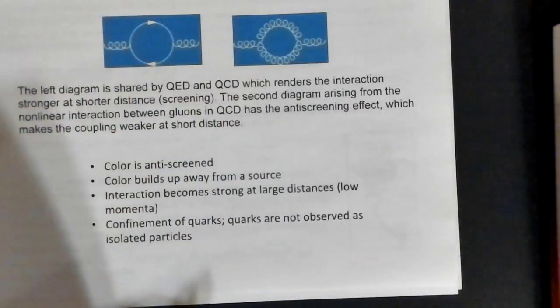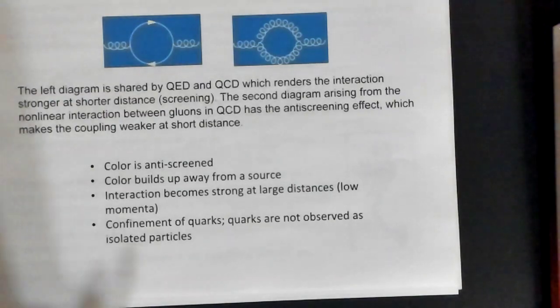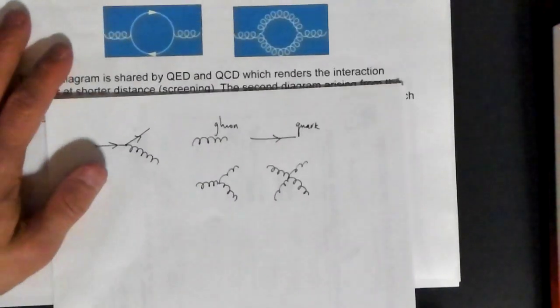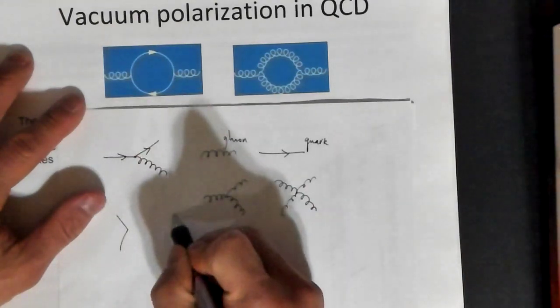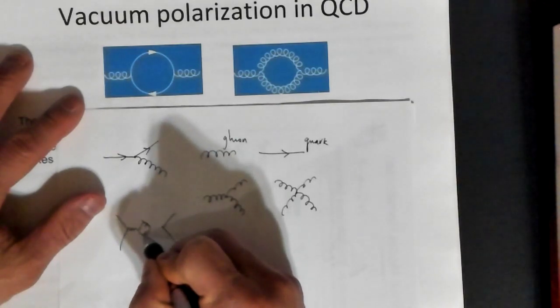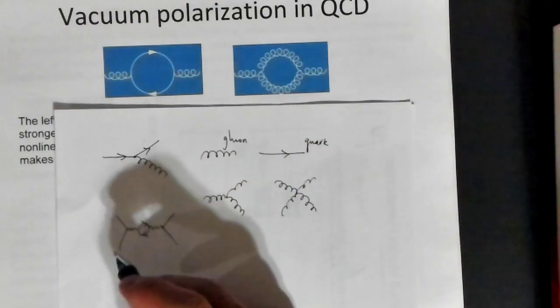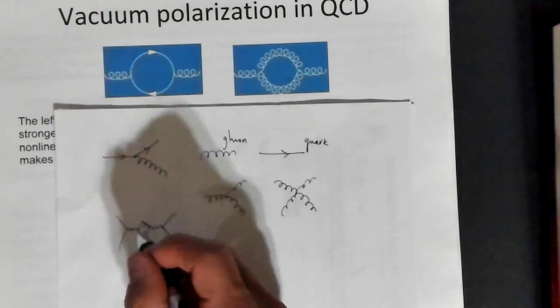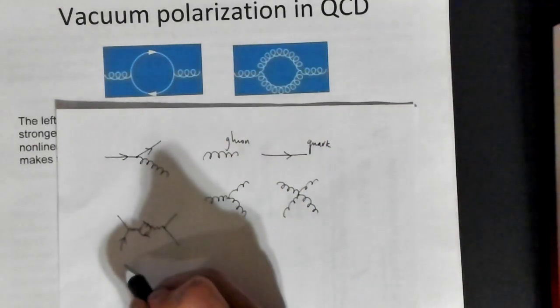Now, let me talk a little bit about the diagrams that we get coming out from the Feynman rules. So we already discussed this, but vacuum polarization, remember we were talking about the interaction of 2 electrons, and there was this vacuum polarization diagram. So the wavy lines are for the photons, and the curly lines here, so perhaps you can't see the difference.